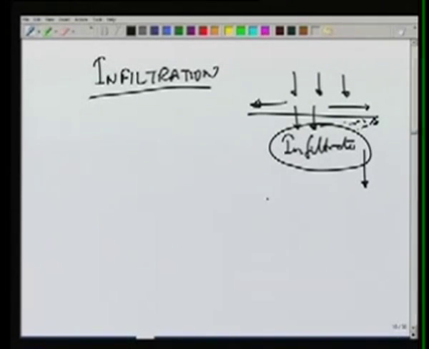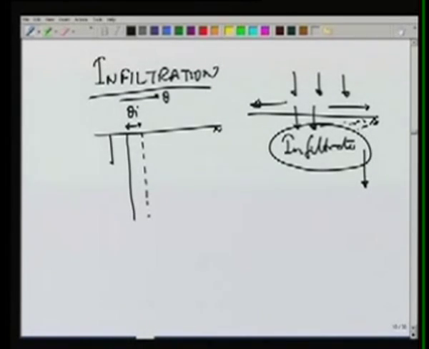So when infiltration occurs, if you look at the soil moisture, suppose there is some initial moisture content in the soil, theta I. So what we are plotting is theta axis and depth below the ground level. So initially, let's say we have a constant value of the moisture content theta I. As water falls on this surface, it would increase the moisture level near the surface.